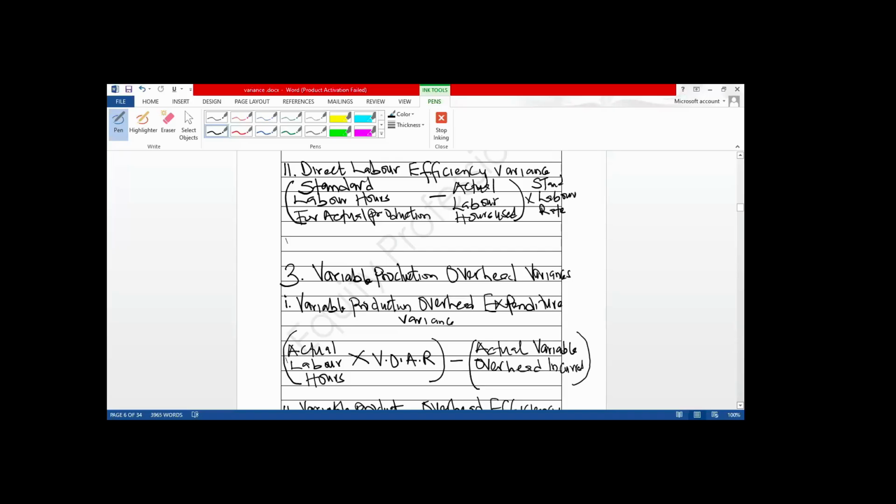Your variable production overhead expenditure variance is the difference between absorbed variable overhead and actual variable overhead incurred. Where actual variable overhead is different from absorbed variable overhead.